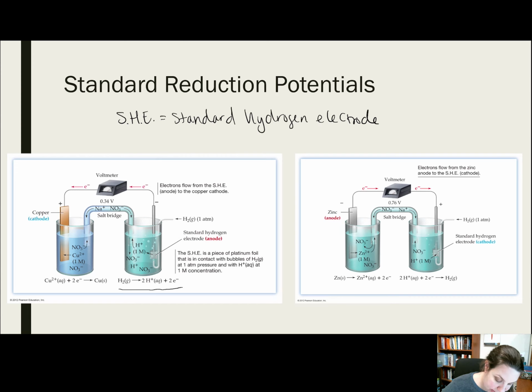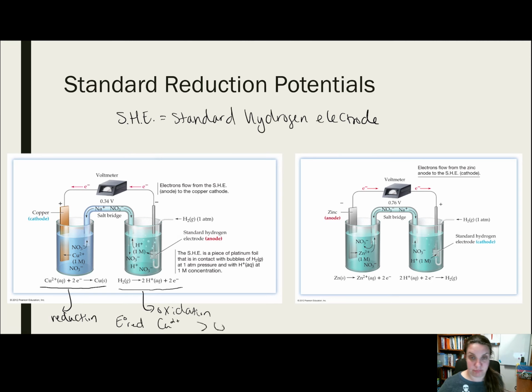So this is an oxidation process. So the opposite of the other one. And then this is a reduction process. So because hydrogen is getting oxidized in this case, we would say that the copper 2 plus is easier to reduce than hydrogen. So our reduction potential of Cu2 plus is going to be greater than 0.